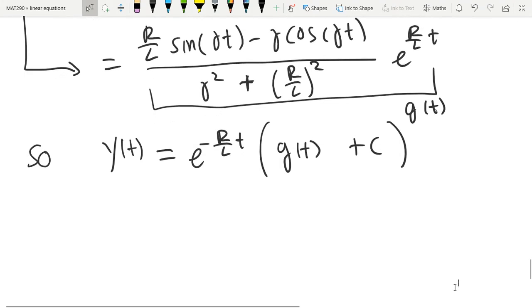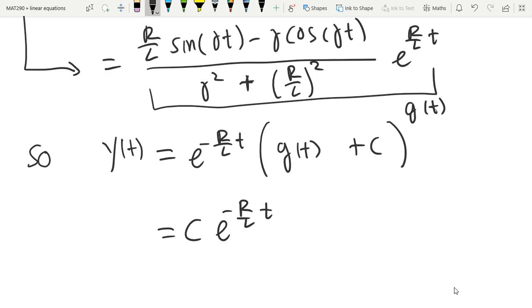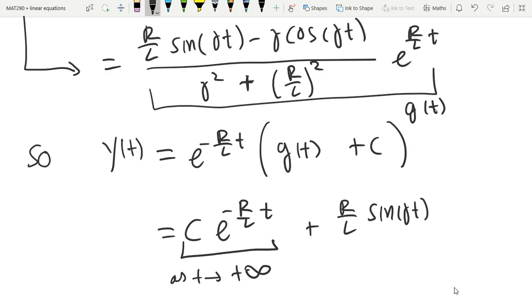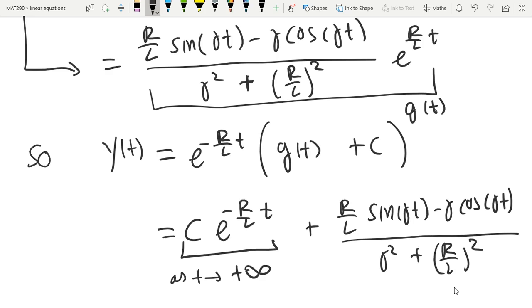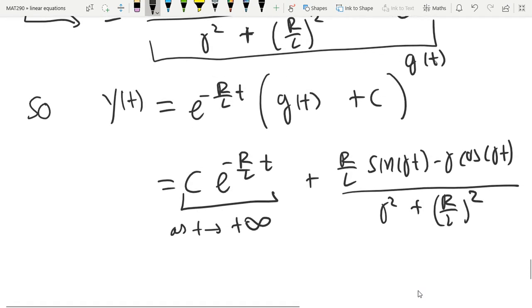Okay. So actually you can further simplify it. So you have this guy which goes to 0 as t goes to plus infinity, plus this ratio. Okay, so this guy goes to 0, and this guy is periodic.